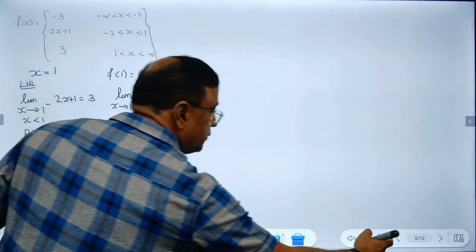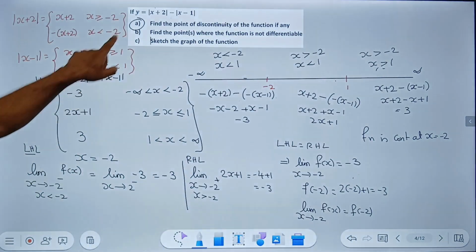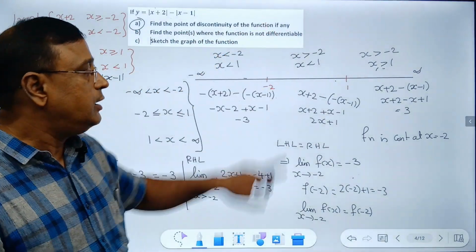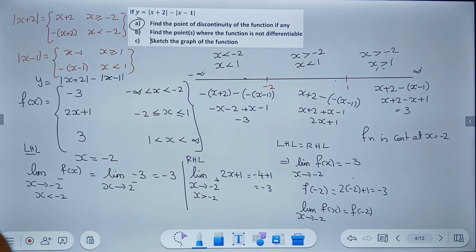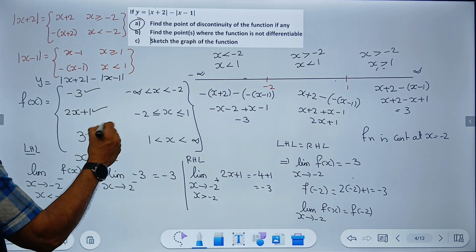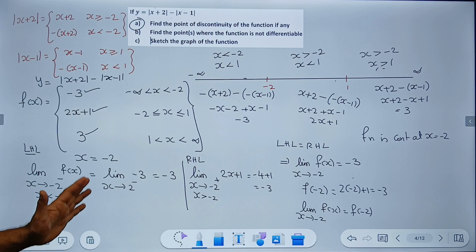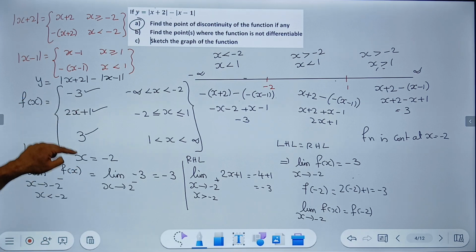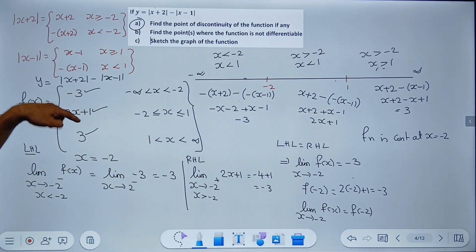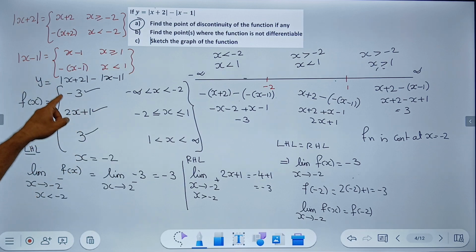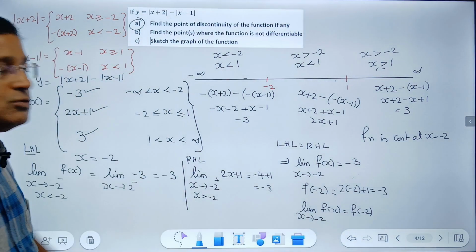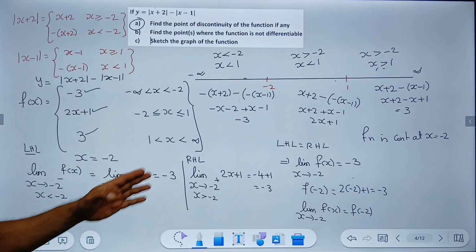Now if you see this problem, point of discontinuity, if any. I have the doubt at -2 and 1. Nowhere else it can have problem because all these are polynomials. All polynomials are continuous. But since they are all different polynomials, I want to know whether there is a link involved. And there is a link. So clearly you can see the function is continuous at -2 and the function is continuous at 1.